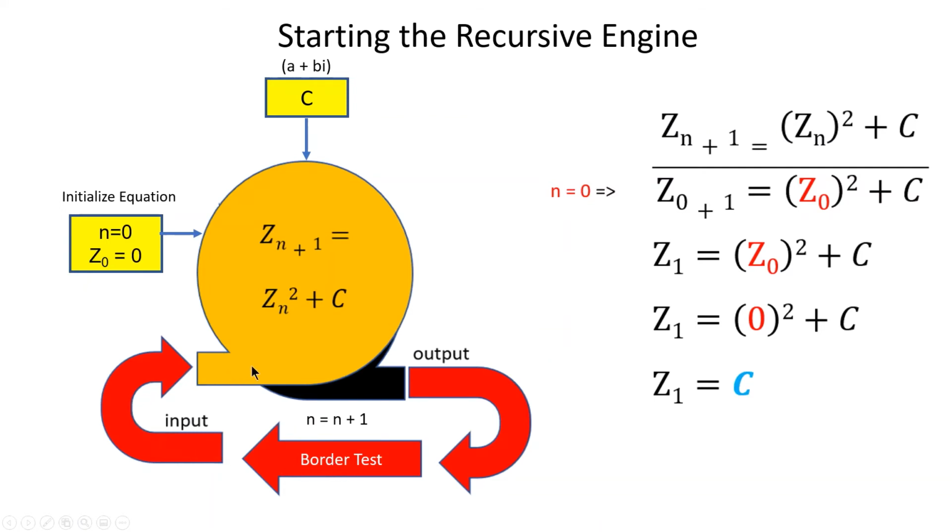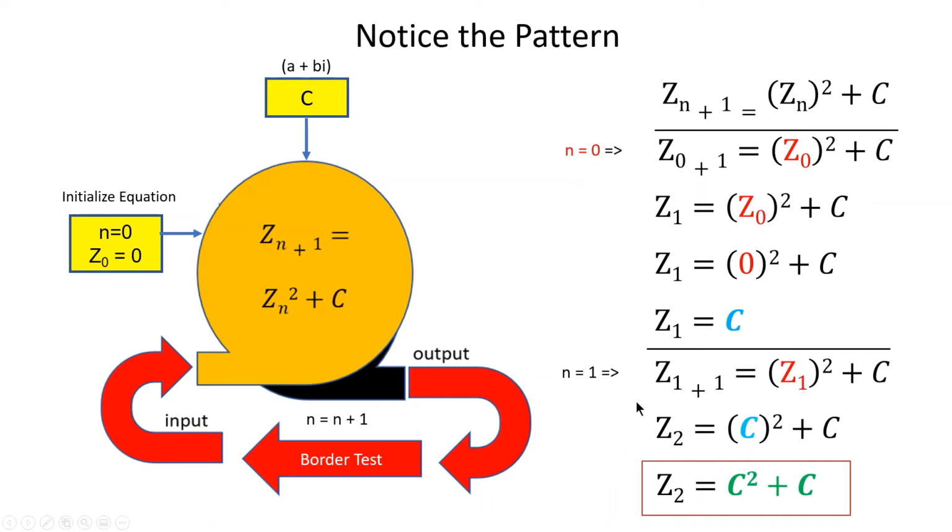It comes back up here, and it's ready to determine what Z2 is. We know what Z1 was. So what is Z2? Let's talk about that. Okay, so here we have n now equal to 1 because we've looped once.